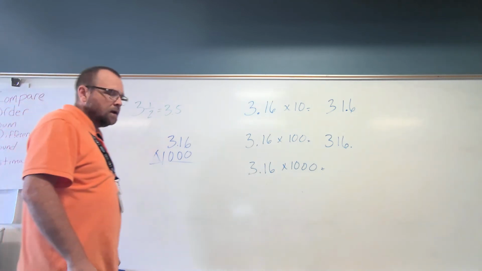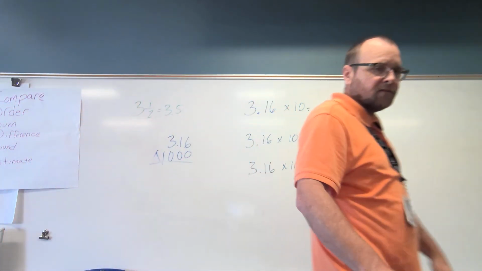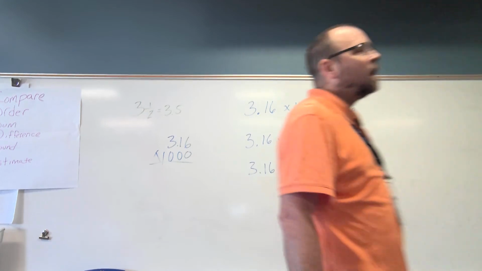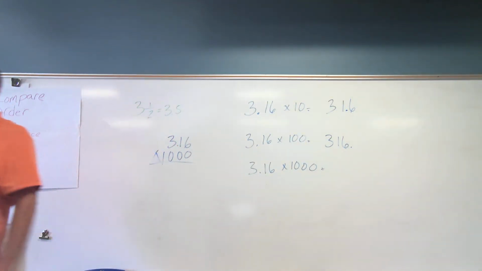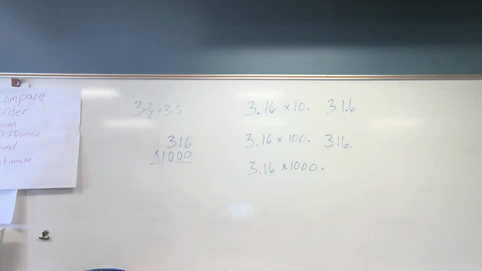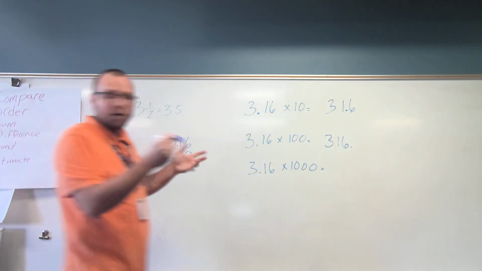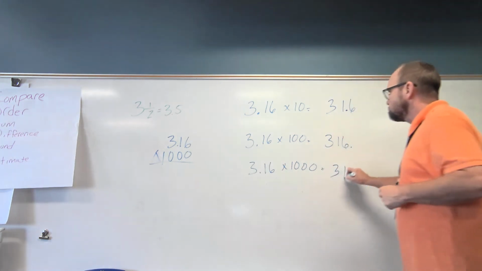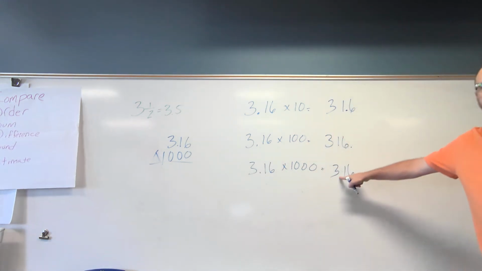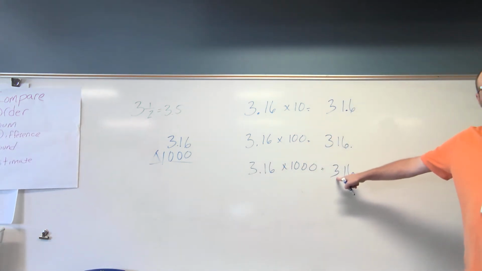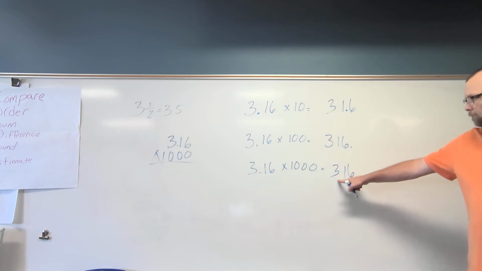Okay? Now I have 3 and 16 hundredths times 1,000. Elsa, what would my answer be there? I'm going to have the same numbers, right? I'm not changing numbers. Decimal point's here. How many times do I need to move it? 3 times.